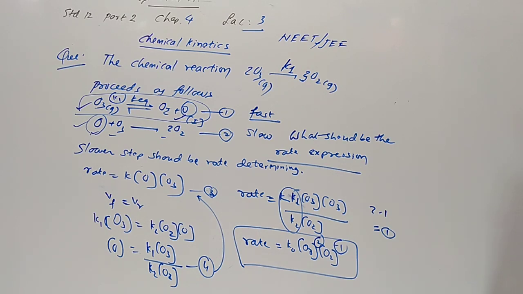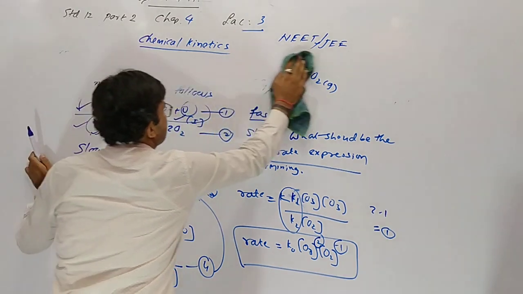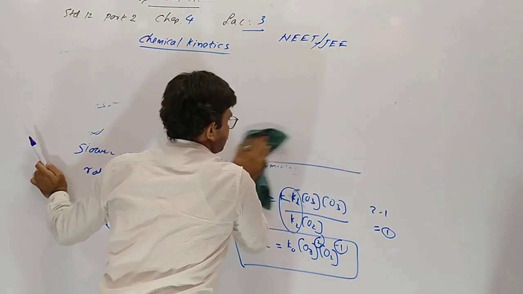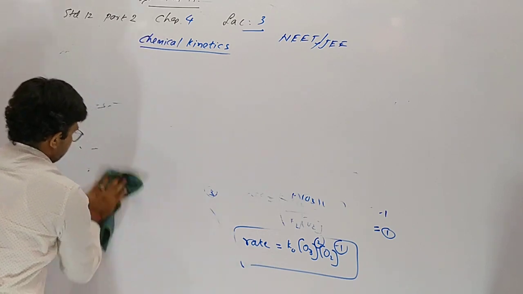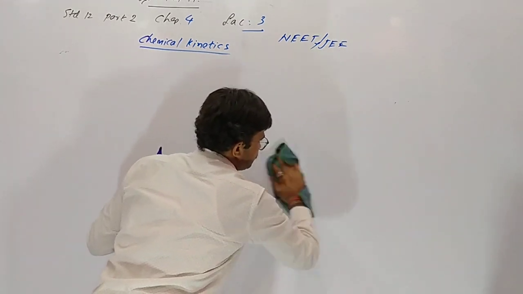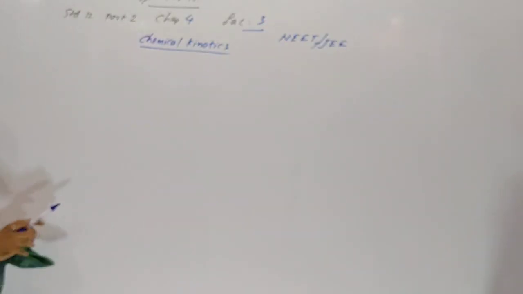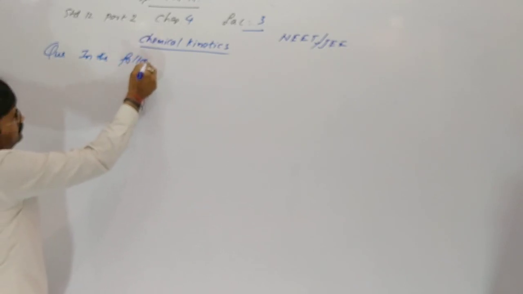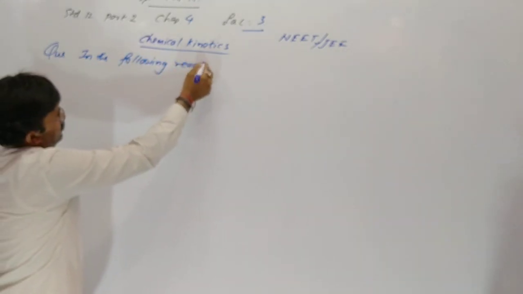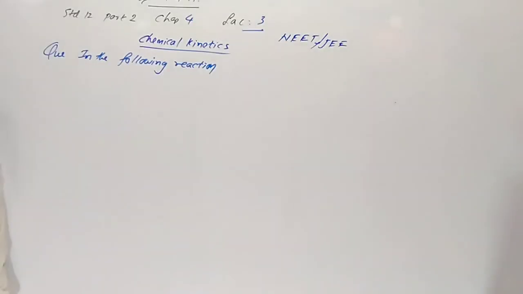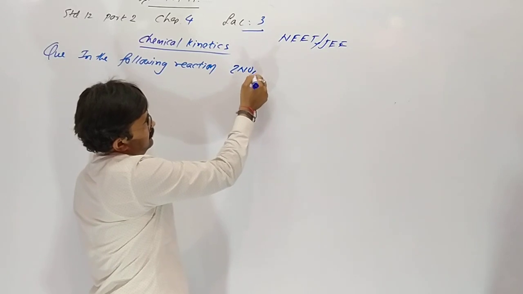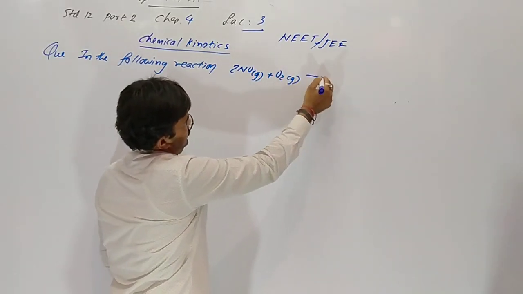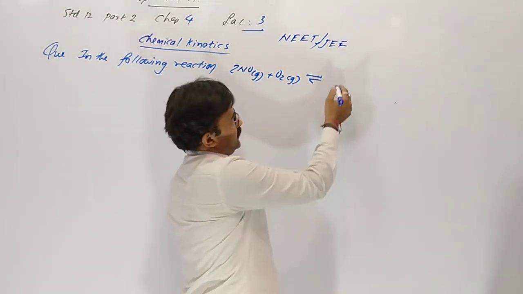Now next, in the following reaction, next question. In the following reaction, 2NO gas plus O2 gas gives 2NO2 gas.